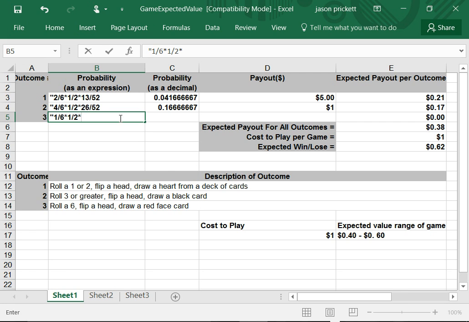There are only 6 red face cards out of 52. Jack, Queen, King for each of the heart and diamond suits. So again, calculate those out. This is really low, 0.0096154.